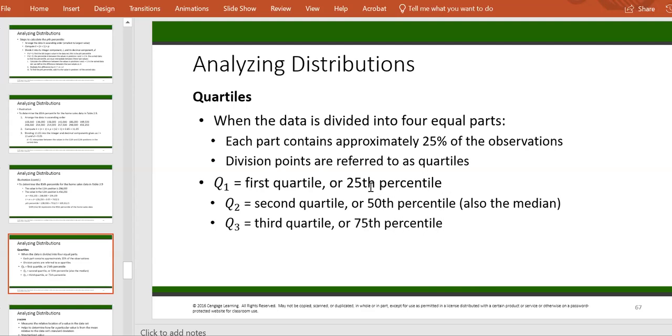A lot of people are only interested in these percentiles, so these are the most commonly used ones.